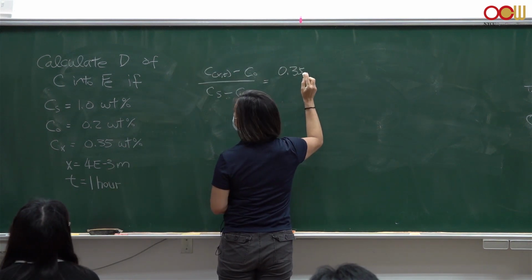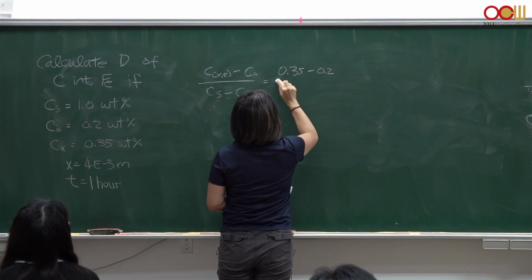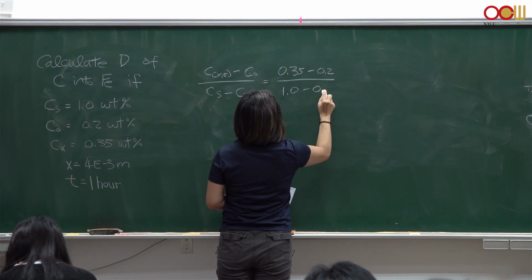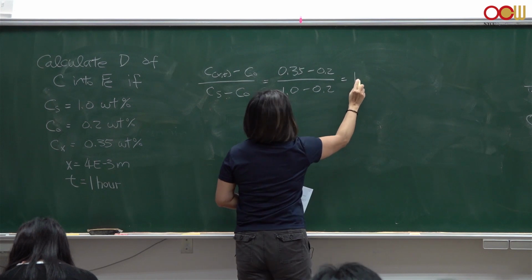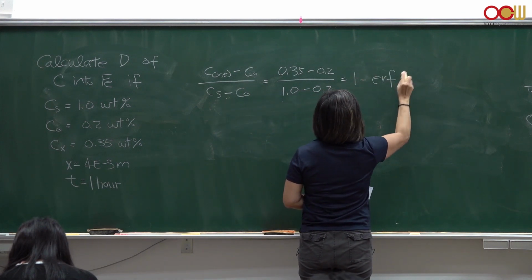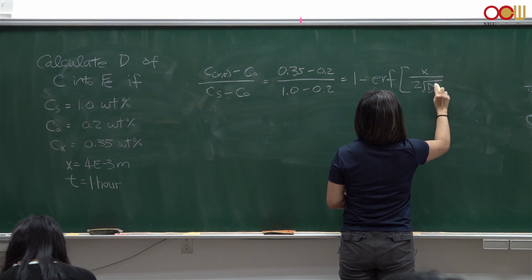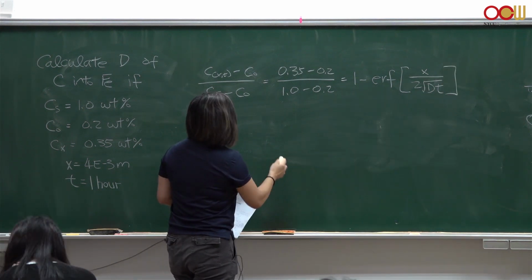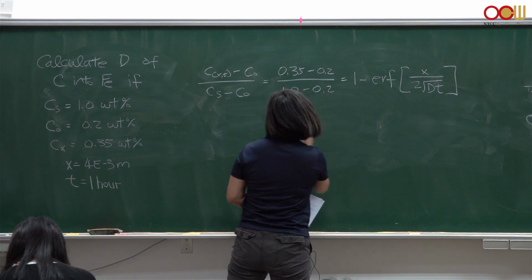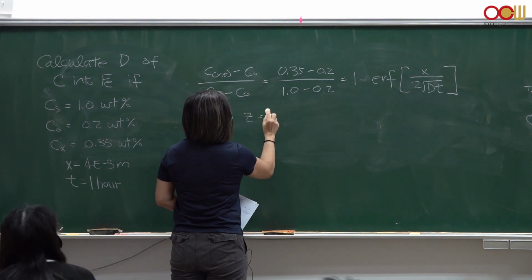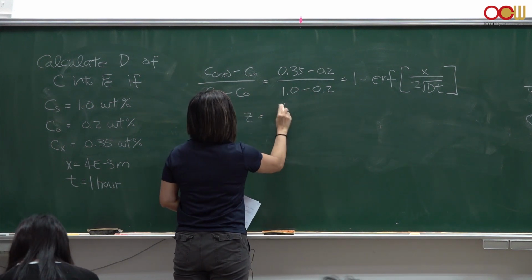(0.35 minus 0.2)/(1 minus 0.2), and that's equal to 1 minus the error function of x over 2 square root of Dt. And let's use z as what's inside the error function.